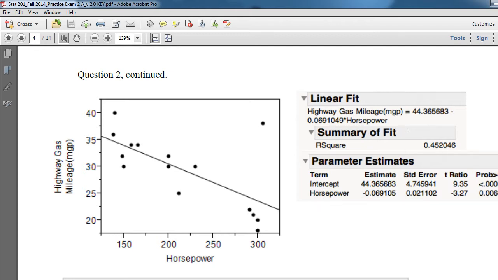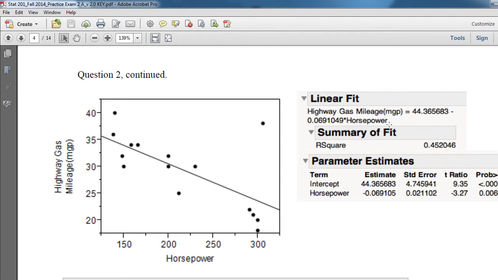Now let's interpret the slope. I'm going to say it in the general form first, and go ahead and write it down. For each 1 unit increase in x, we expect y to increase by b1. So let's fill this in right here.